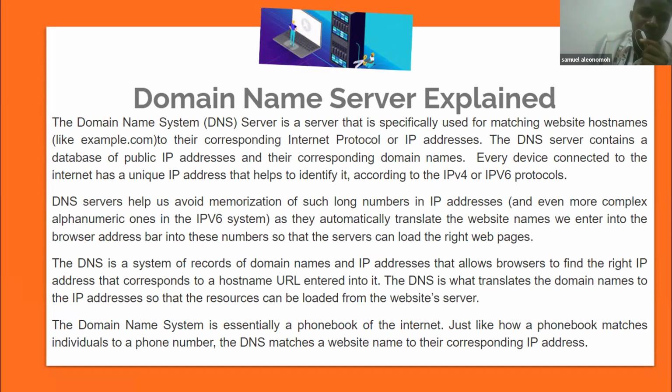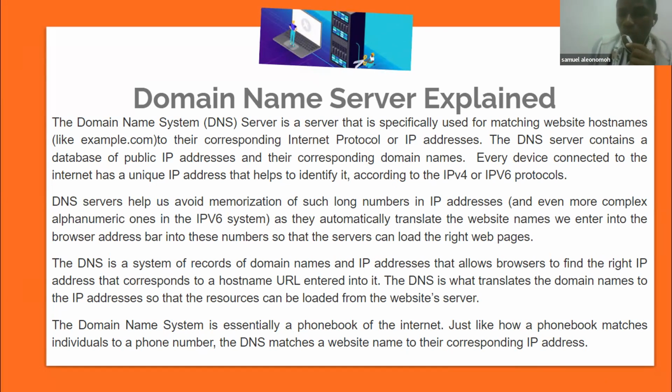Now, DNS servers help us avoid memorization of such long numbers in IP addresses, as they automatically translate the website names we enter into the browser into these numbers, so that the servers can load the right web pages. The DNS is a system of records of domain names and IP addresses that allow browsers to find the right IP address that corresponds to a host URL entered into it.